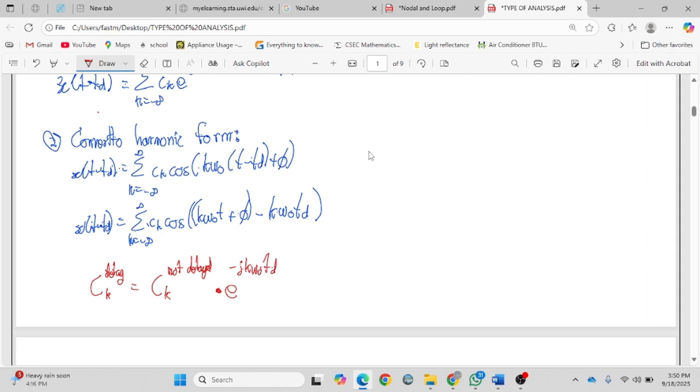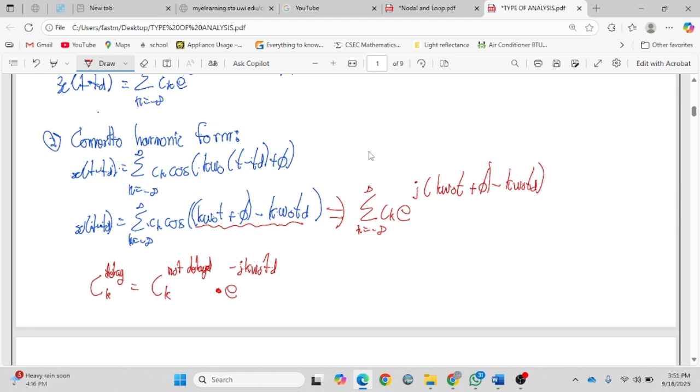So how do we get this? This line here, we just converted it back to the exponential form. So you end up with the sum k is minus infinity to infinity of ck, and you'll have e. Since it's a plus, it'll be whatever is inside here, let's go back on top. So it'll be k omega naught t plus phi minus k omega naught td.